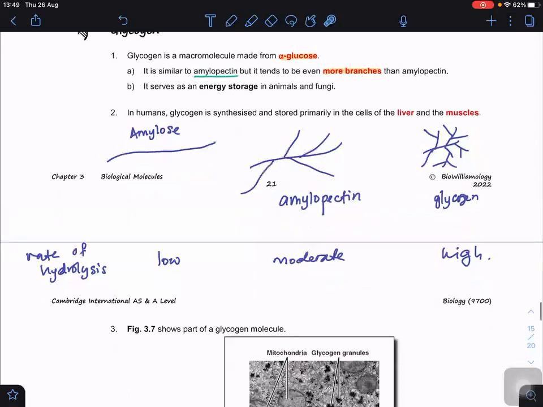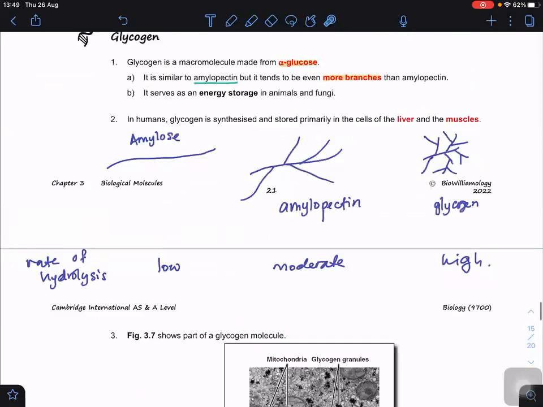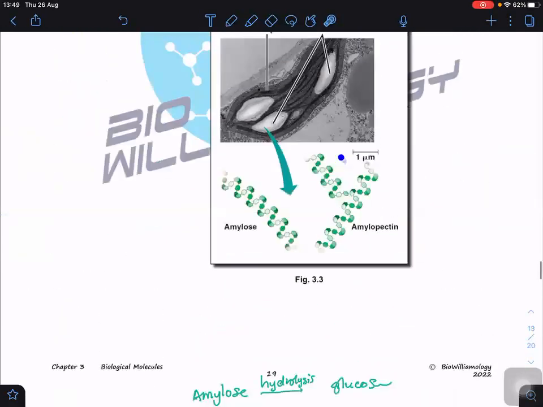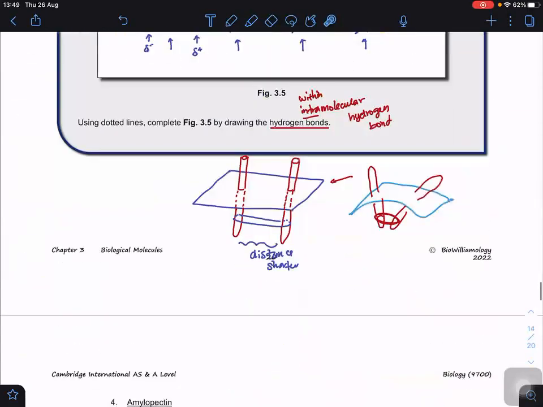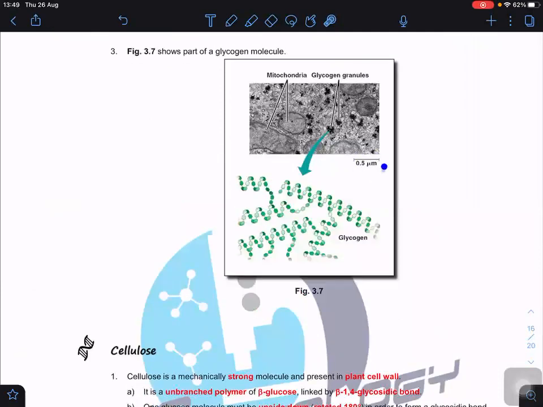Okay. So if you look at the glycogen compared to just now, it's not so branched, right? Not so many branches. But in this diagram, you can see many branches joined together. How do they join? When the branches join, it is by alpha 1,6 glycosidic bonds.